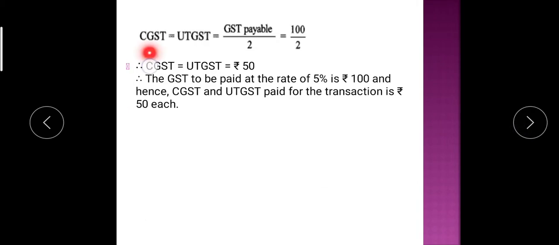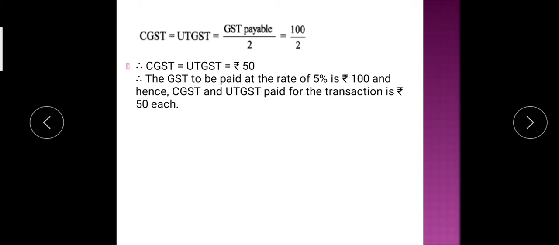Next, CGST and UTGST: GST payable 100 divided by 2. So CGST is equal to UTGST, that is 50 rupees each. Therefore the GST to be paid at the rate of 5% is 100, and the CGST and UTGST paid for the transaction is rupees 50 each. Means 50 goes to the CGST and 50 rupees goes to the UTGST.